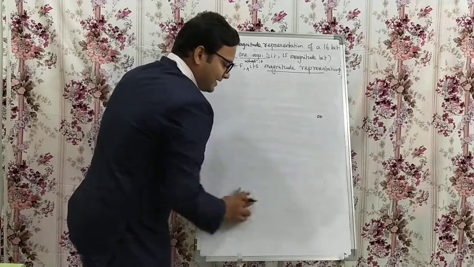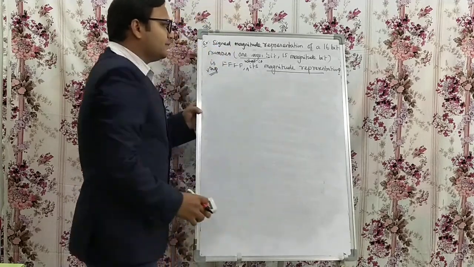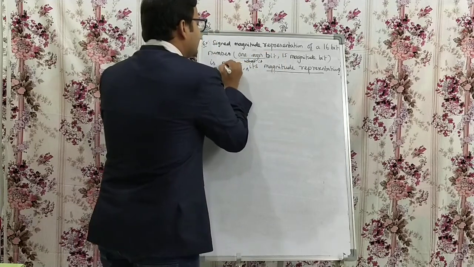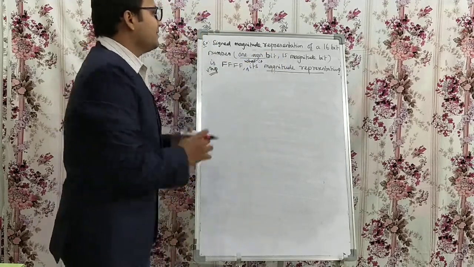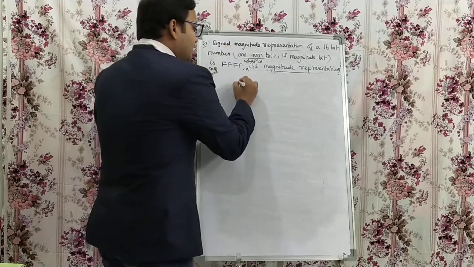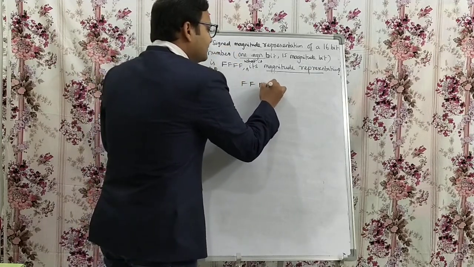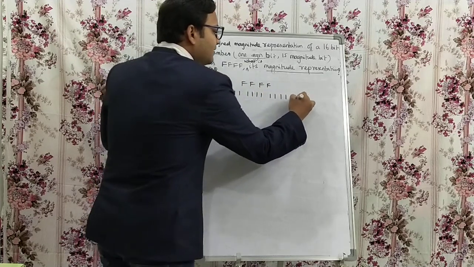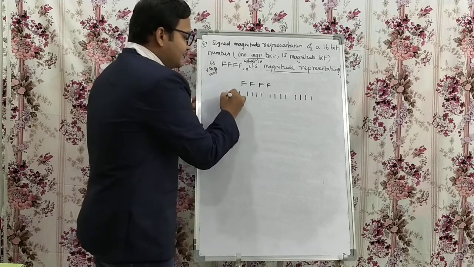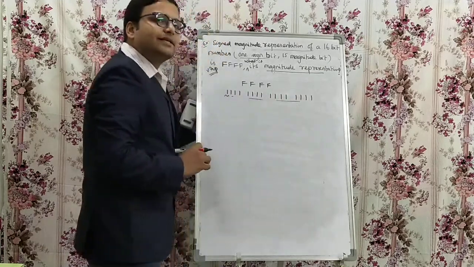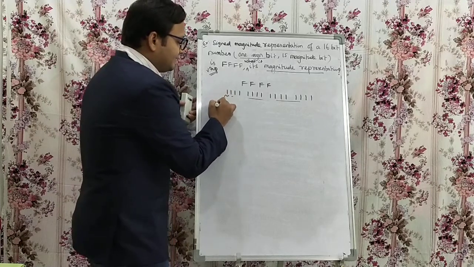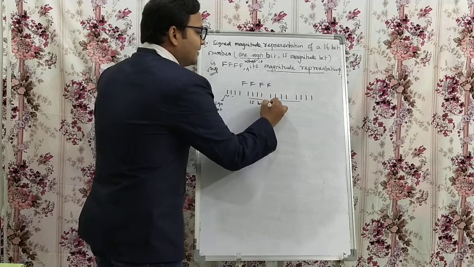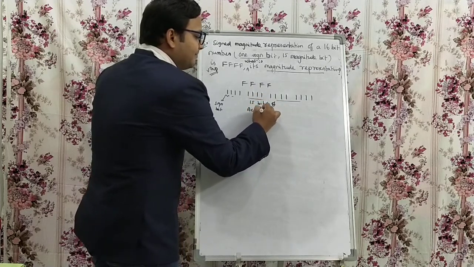If it is the signed magnitude representation, with one sign bit and magnitude bits, of the 16-bit number FFFF, as you know, FFFF is 1 1 1 1 1 1 1 1 1 1 1 1 1 1 1 1. So obviously this is the sign bit and the remaining 15 bits are the actual binary value bits.